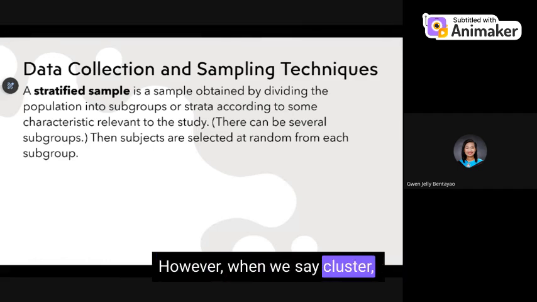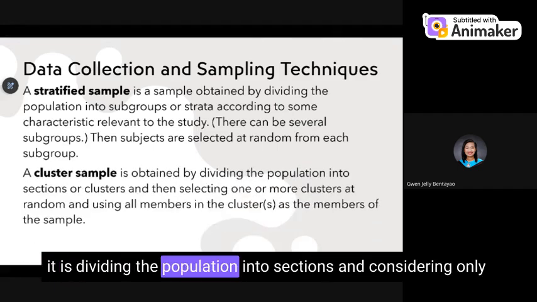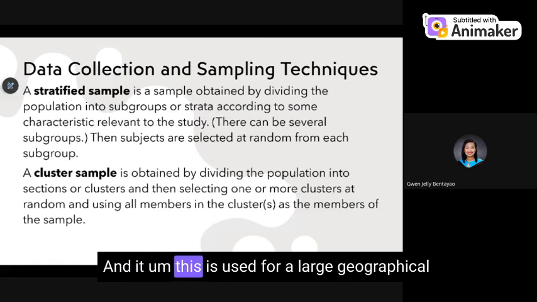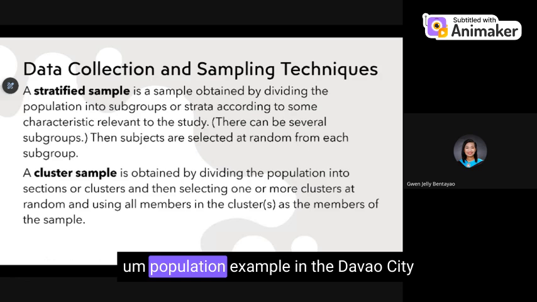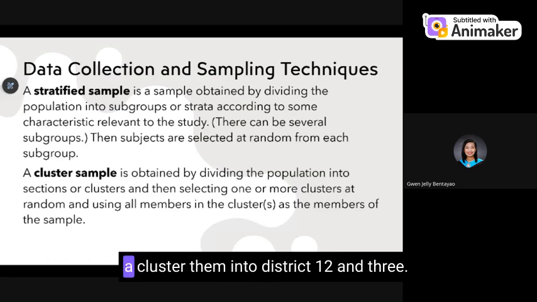However, when we say cluster, it is dividing the population into sections and considering only one or more clusters to become your sample. And this is used for a large geographical population. For example, in Davao City, you'd like to survey. You can cluster them into District 1, 2, and 3.